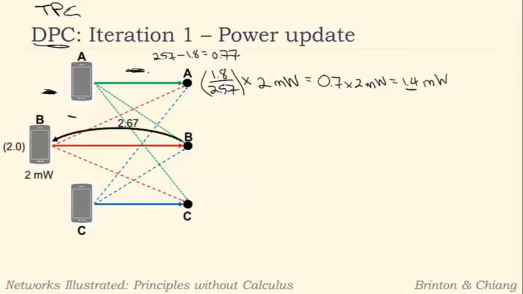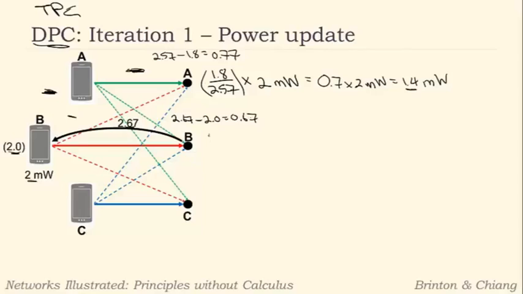B is going to feed back the SIR of 2.67 to the transmitter, and then it's going to look at its current transmit power of 2 milliwatts and its desired SIR of 2.0 and determine how it should update. The update formula is the same, and we have the same situation where the measured SIR is still too high. So 2.67 minus 2.0 gives us 0.67. It tells us how much higher it is than what it should be.